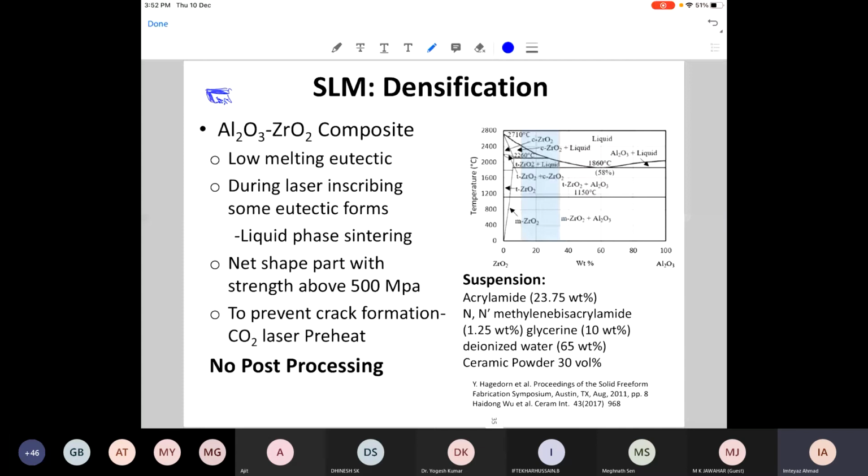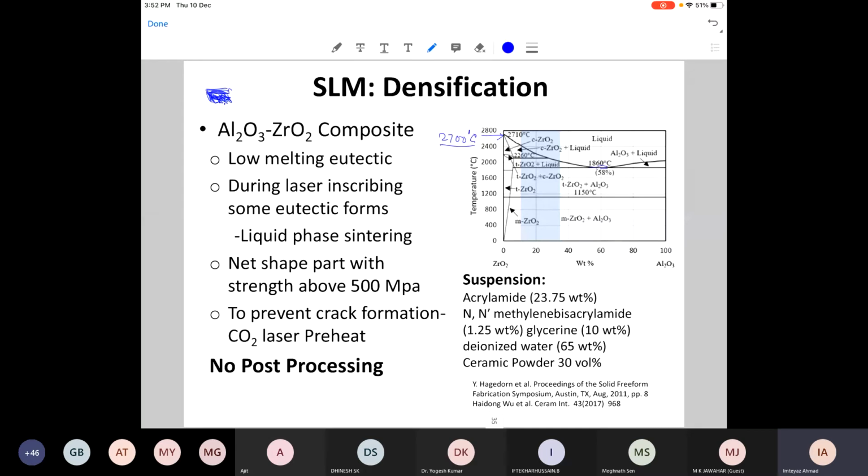So to reduce the melting temperature of the powder, which will make it more effective as far as sintering is concerned, you can add low melting components to it. For example, in the case of zirconia, the melting point is about 2700 degrees. Now, it forms a eutectic which can melt at 1860.